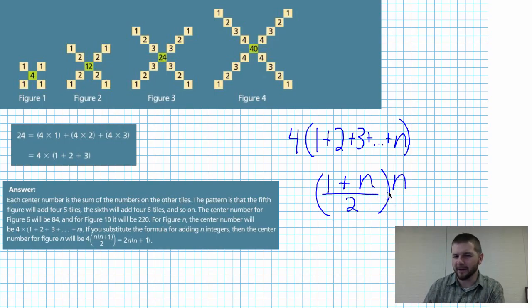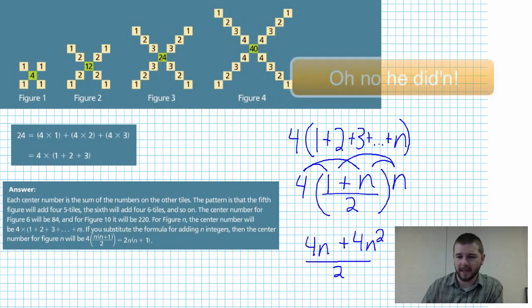I'll multiply by n on the right to help keep from confusing the n on the right times the 4 on the left. And now I'm going to get crazy and distribute both the n and the 4 in one step. Next, I'll reduce the fraction, noting that 2 is a common factor between all 3 terms.